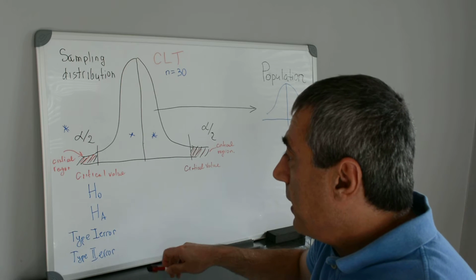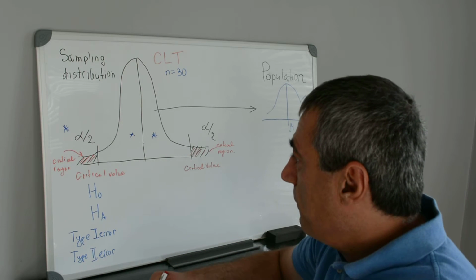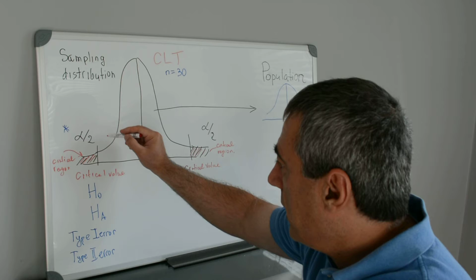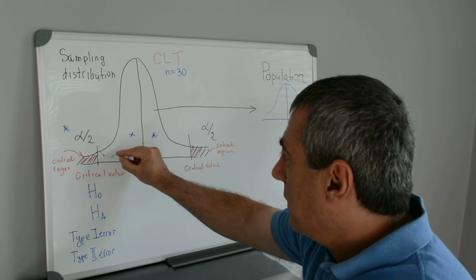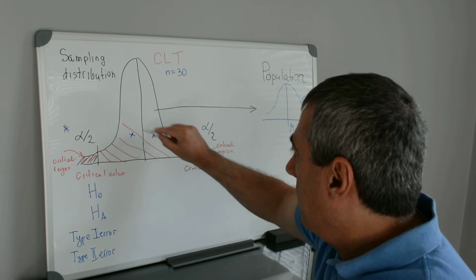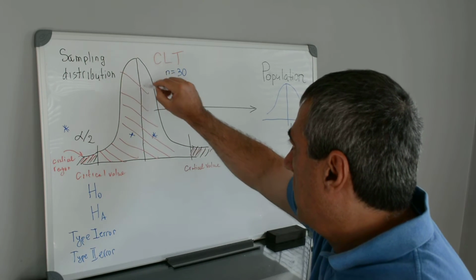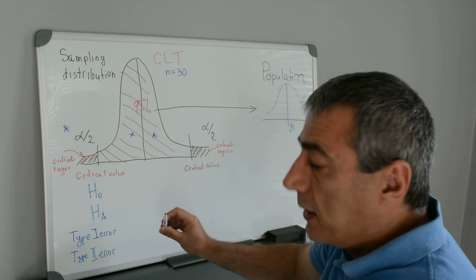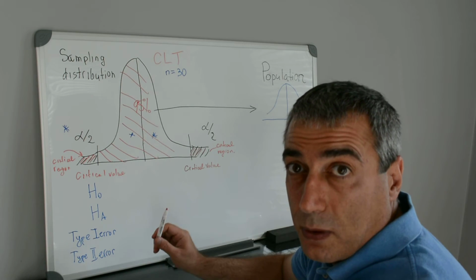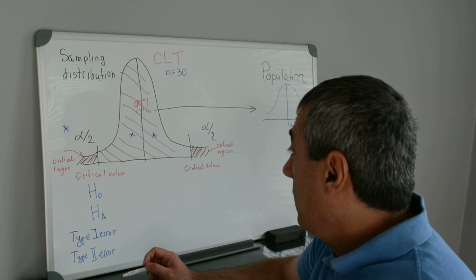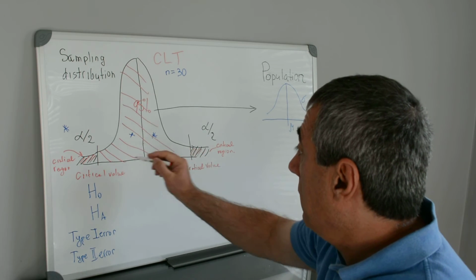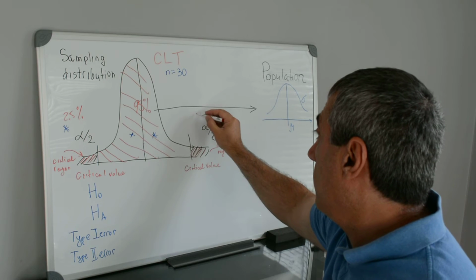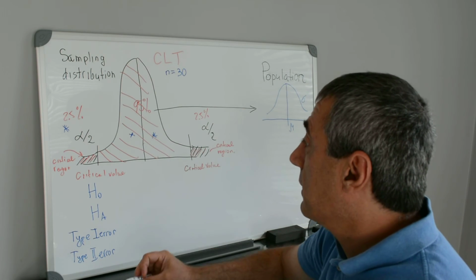What that means in practical terms is, basically, if we pick the critical values on the distribution such that 95% of the distribution falls within the critical values, and in this case we talk about a two-sided hypothesis test, then 2.5% falls below the critical value and 2.5% falls above the critical value.